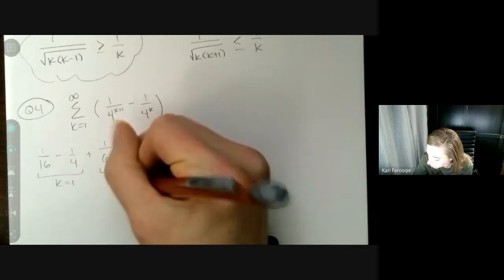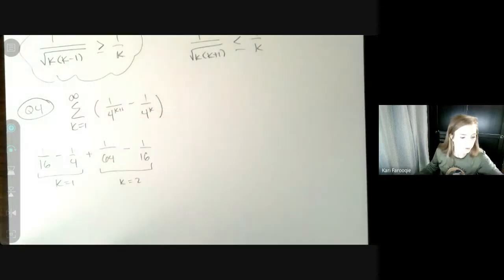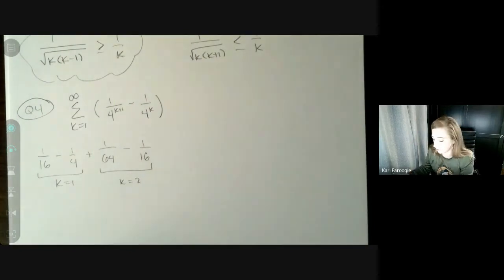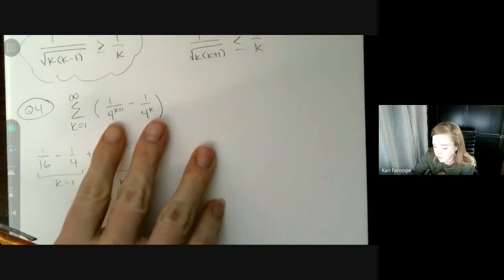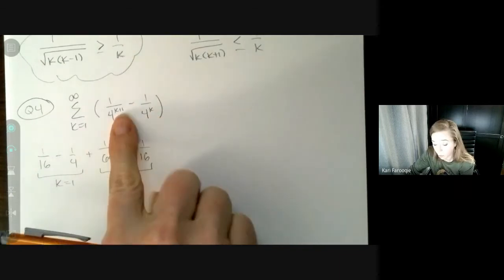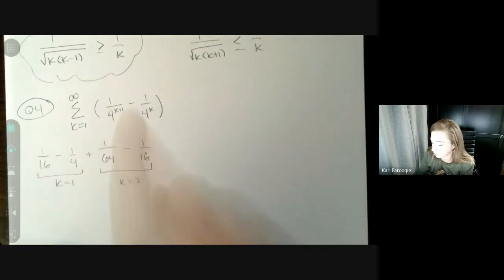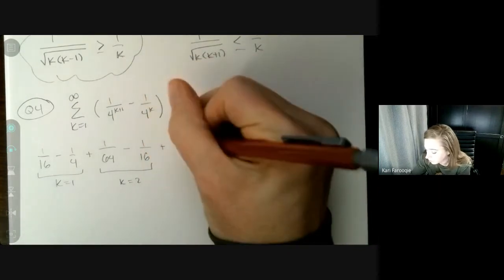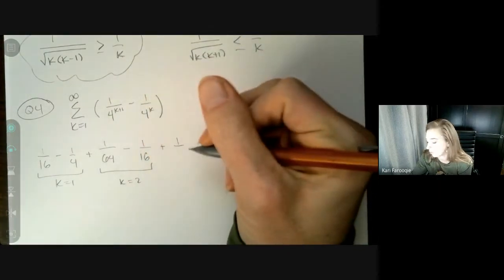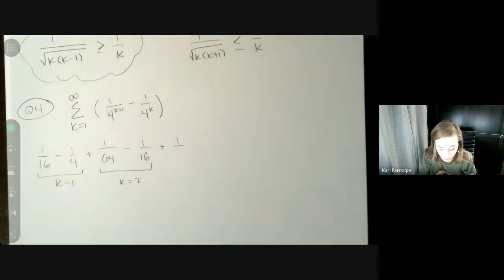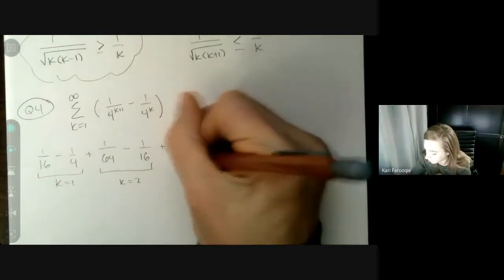So you're actually going to see something slightly different than what I showed you in the class example, just because you're going to end up having these cancel slightly differently because you have the k plus 1 in the denominator of the first term instead of the second. And then if you were to do the k equals 3 term, just to verify what was going on with your terms, you'd have 4 to the 4th in this case, which is 256.